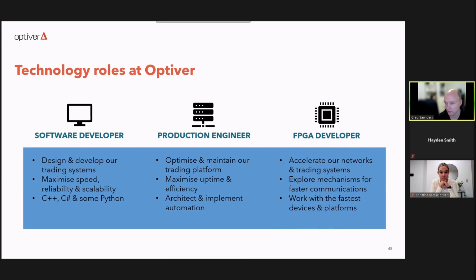make sure that we're able to deploy our software safely, monitor it appropriately, and then control it appropriately, those sorts of things. And we also have roles for FPGA developers. If you haven't heard of what FPGAs are, they're field programmable gate arrays.